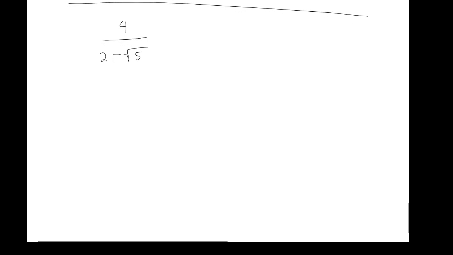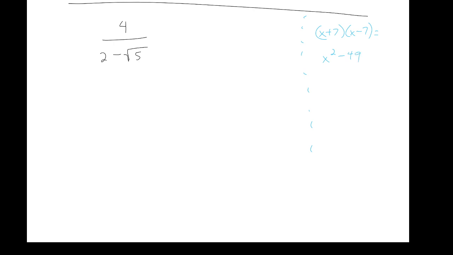Let's go back and take the difference of two squares, right? Here's why we care. x plus 7 times x minus 7 is a difference of two squares. If you recall, the result is x squared minus 49.